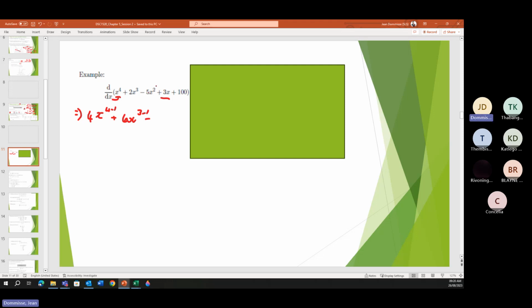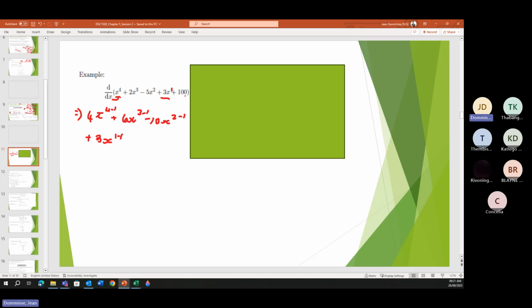Then 5x squared: 2 goes to the front. 5 times 2 is 10. x to the power of 2 minus 1. And let's just go on here. 3x, so you can also basically show that as x to the power of 1. So 3 times 1 is 3. x to the power of 1 minus 1.